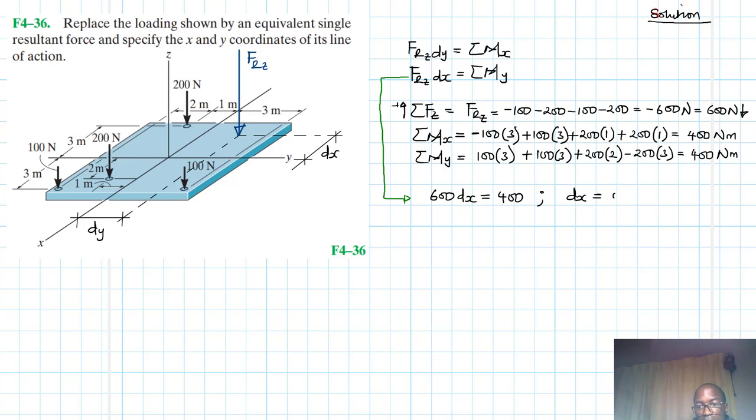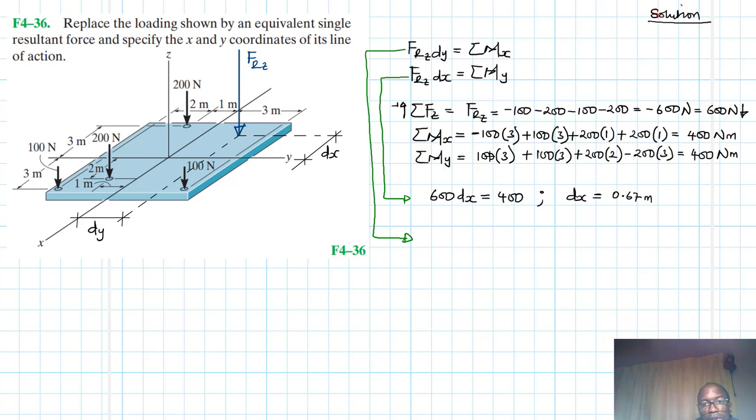So this gives us 0.67 meters. All right, so let's pick another one. We import another one, which is that one.